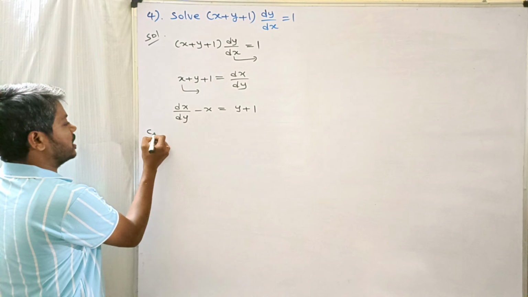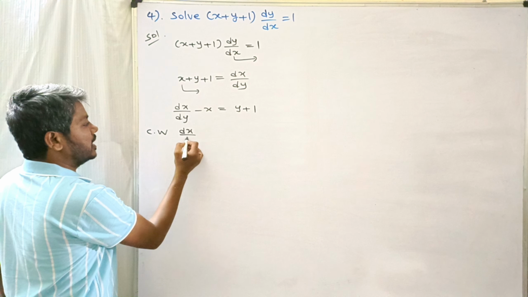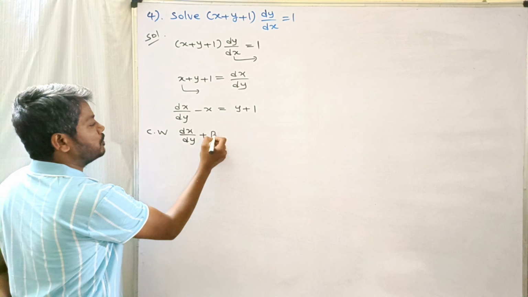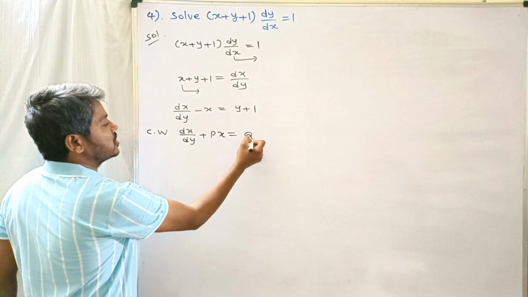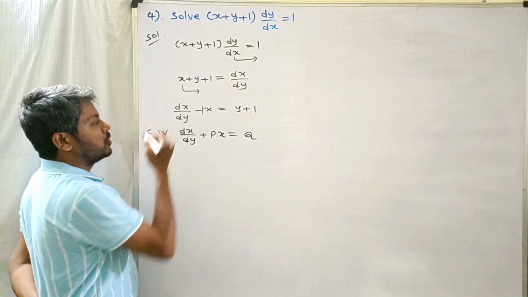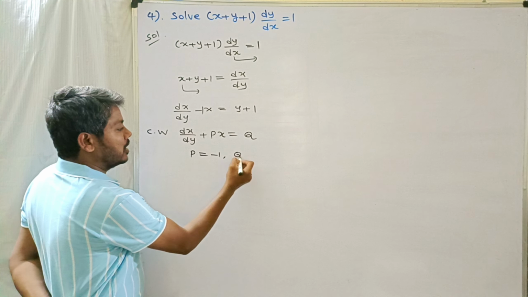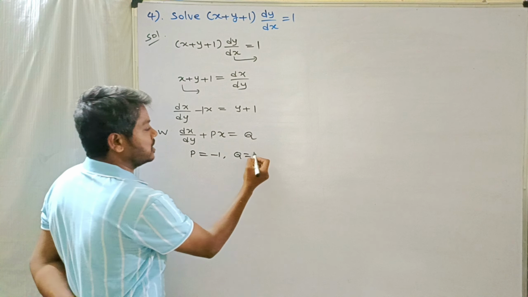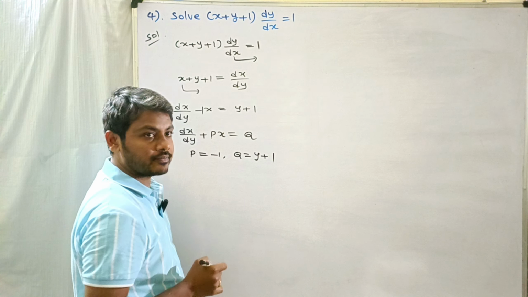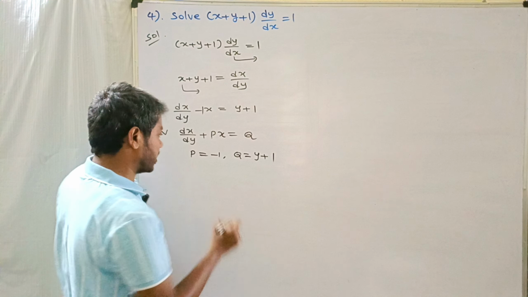So we compare the given differential equation with dx by dy plus px equals q. Clearly p is the coefficient of x. Here the coefficient of x is minus 1. So p equals minus 1 and q is the right hand side value, that is y plus 1. After that we can find the integrating factor.